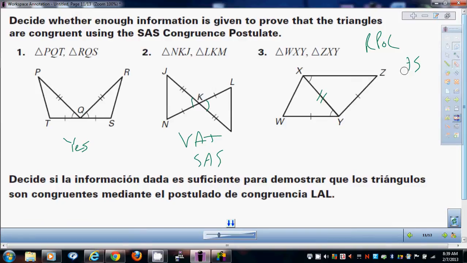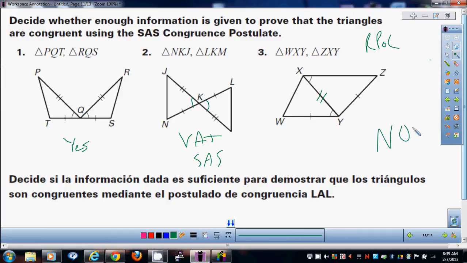Because this one, the angle is between the sides, and this one it's not. Ooh, sneaky. So, this one's actually a no. One of them was yes, the other was no, but they both have to be the same. That one would have tripped me up on a test. Make sure you watch out for that kind of stuff.